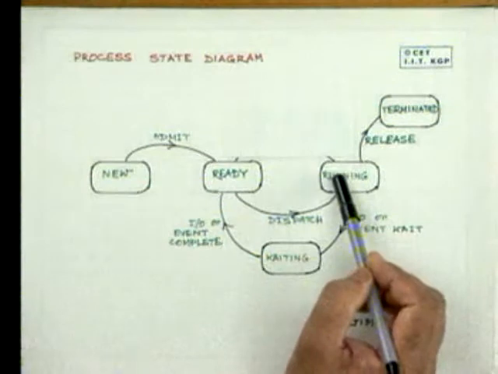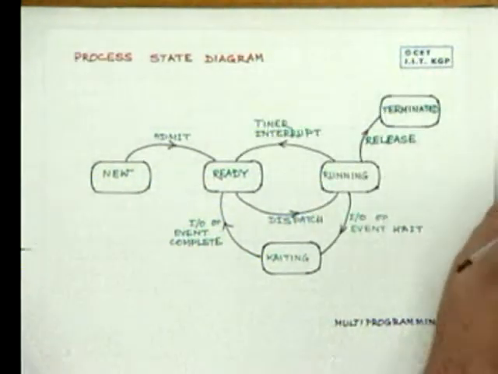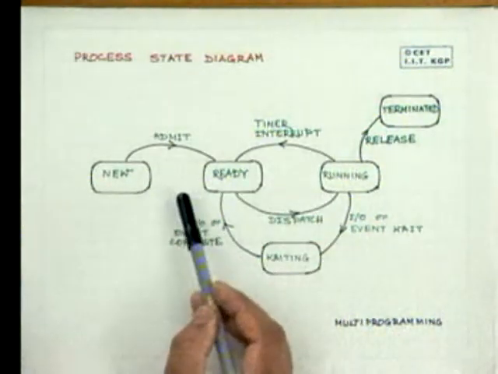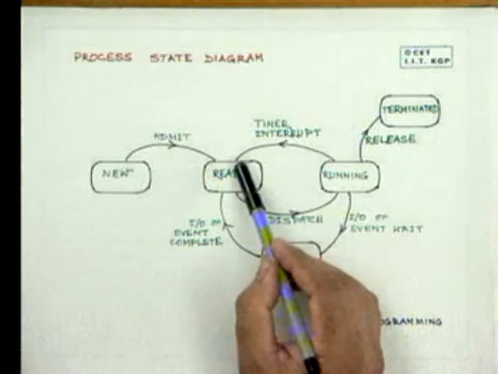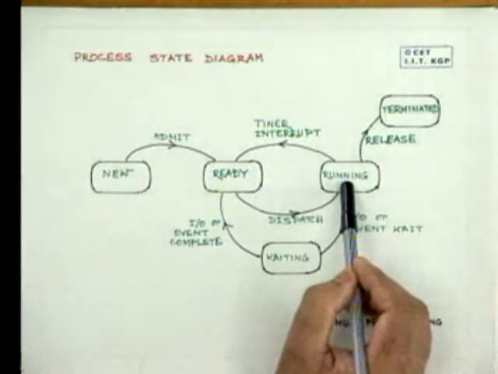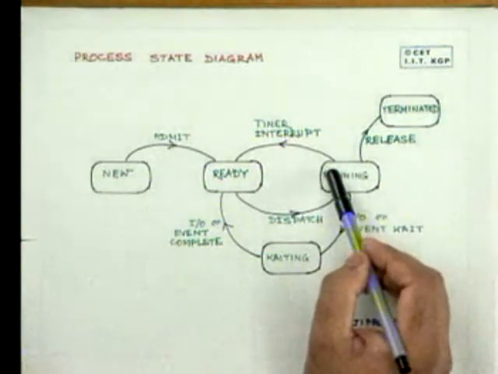In such a situation, naturally we need another transition from the running state to the ready state. The reason is that, for example, a particular process has been given the CPU, dispatched to the CPU. It is running, and it is essentially a CPU-bound job, that means a compute-bound job. It is continuously computing for quite a good duration.